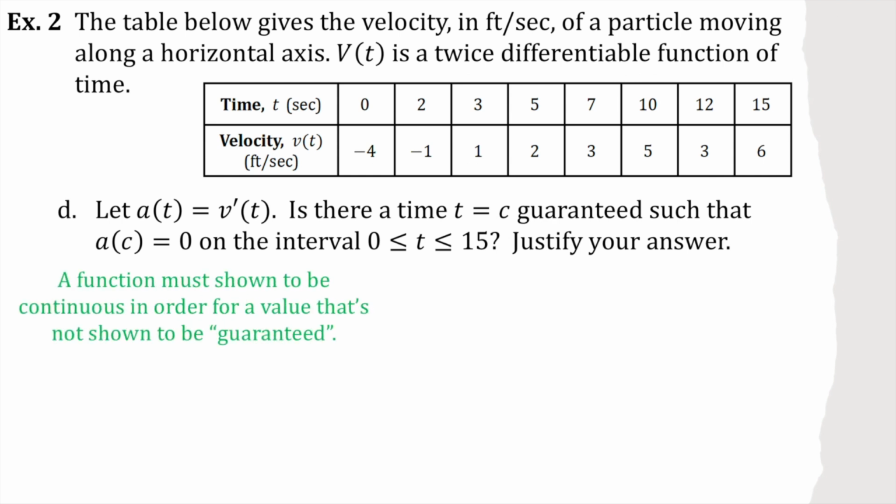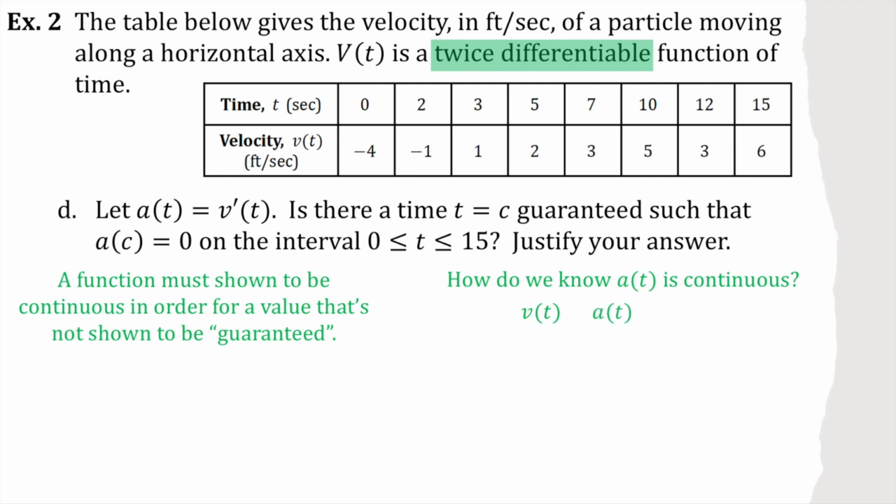A function must be shown to be continuous in order for a value that's not shown to be guaranteed. So how do we know that a of t is continuous? The problem tells us that v of t is twice differentiable, and that's really important because if you start with velocity and you take the first derivative, you get acceleration.